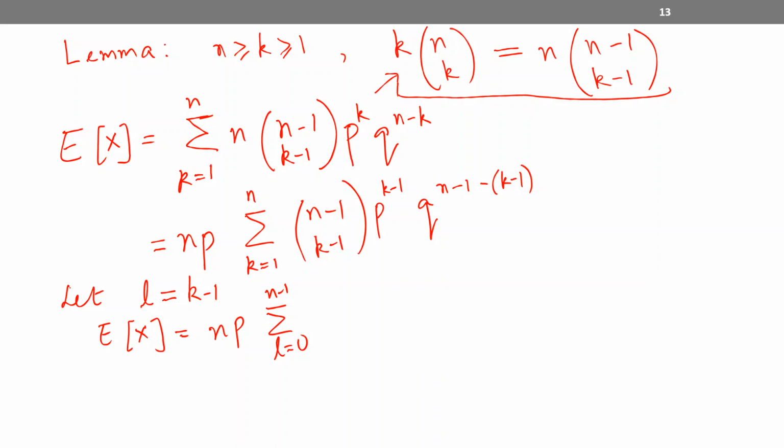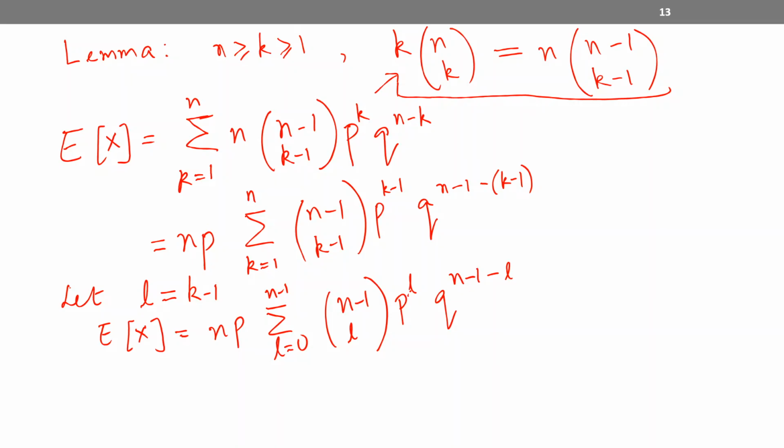This also has to change because of our substitution. This is (n minus 1 choose L), and then p^L, and then q^(n minus 1 minus L). So everything I can write down in the form of L.